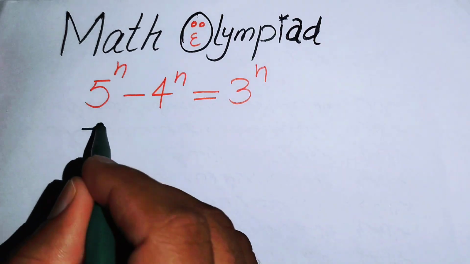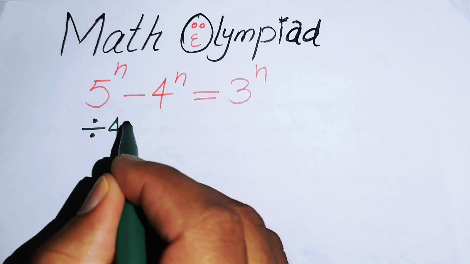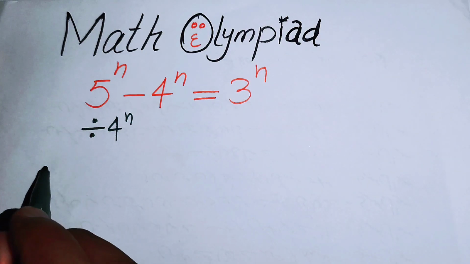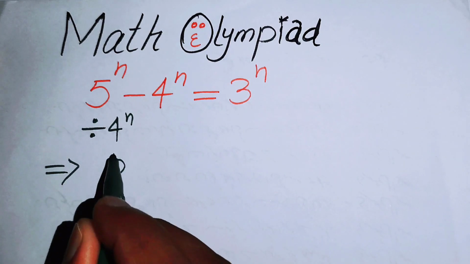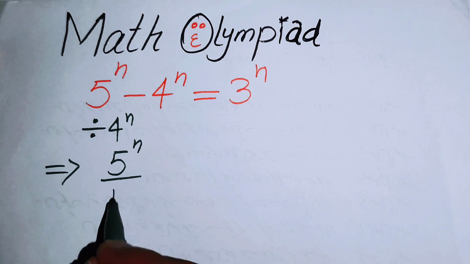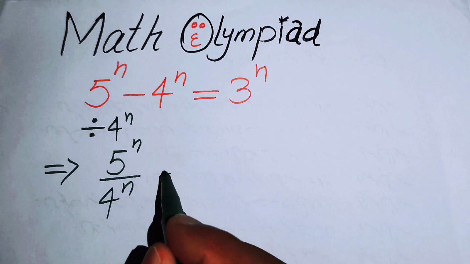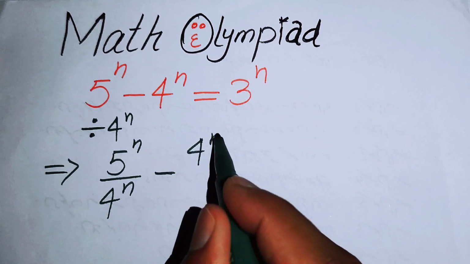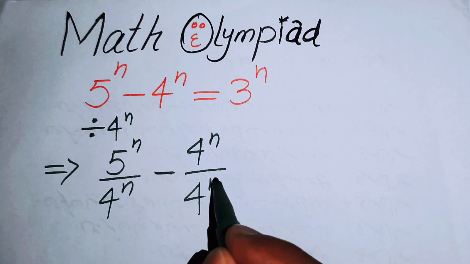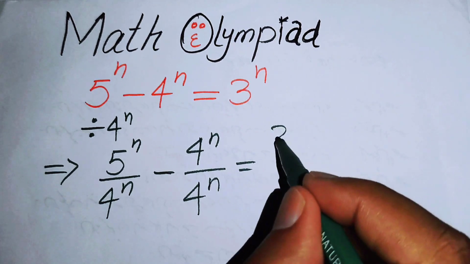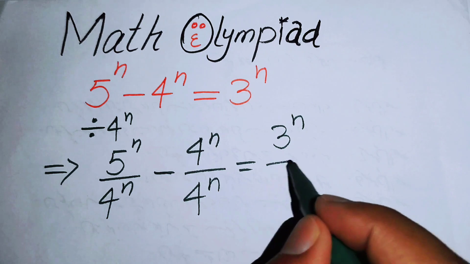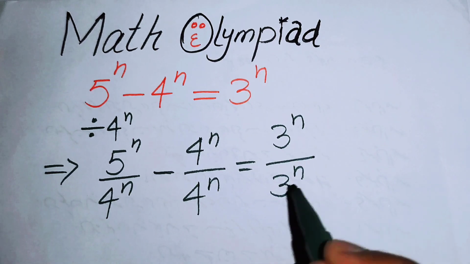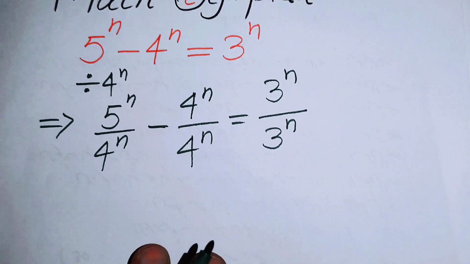By dividing both sides by 4 to the power of n, you will get 5 to the power of n over 4 to the power of n minus 4 to the power of n over 4 to the power of n is equal to 3 to the power of n over 3 to the power of n.